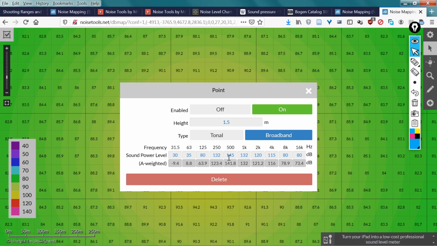And the further the muzzle blast goes, the lesser intense signals get absorbed, and you end up with something showing very visibly around the 500 hertz range. So this is what I believe the spectrum should be.